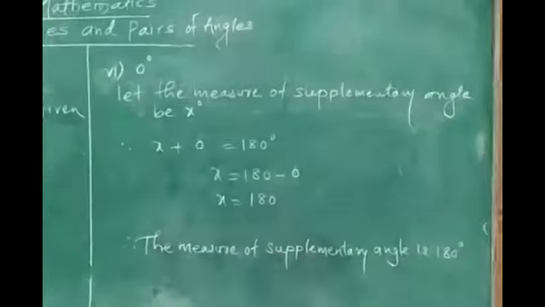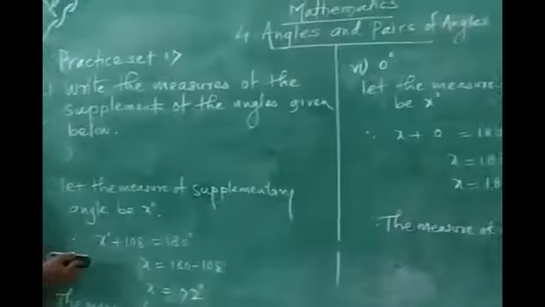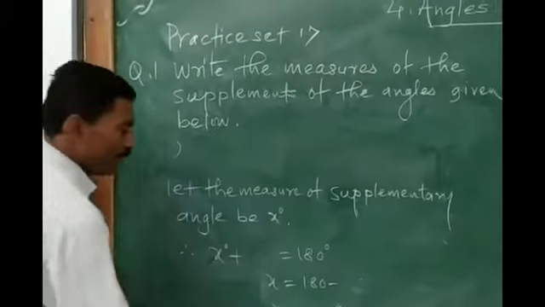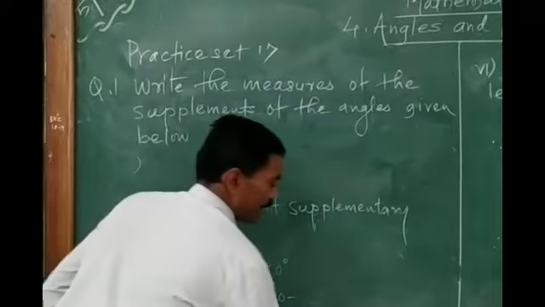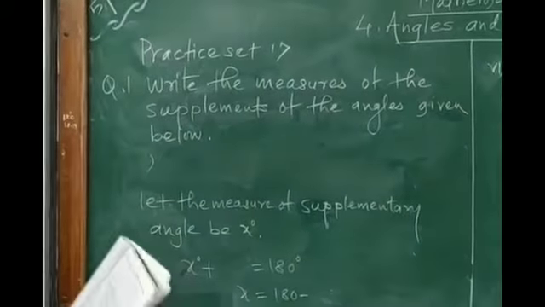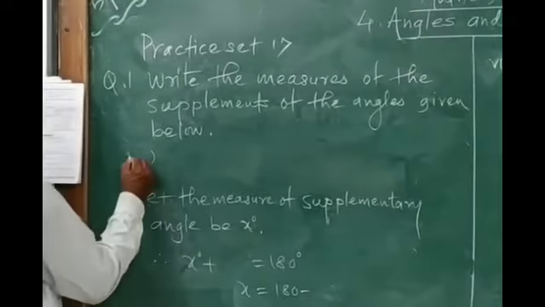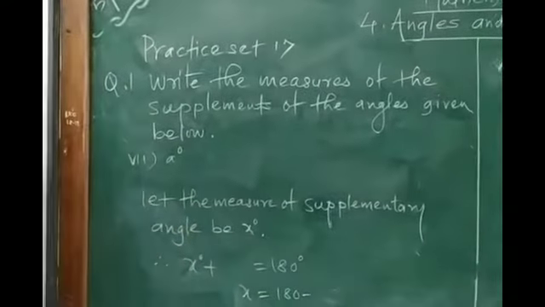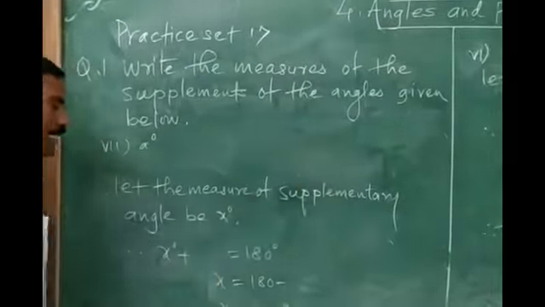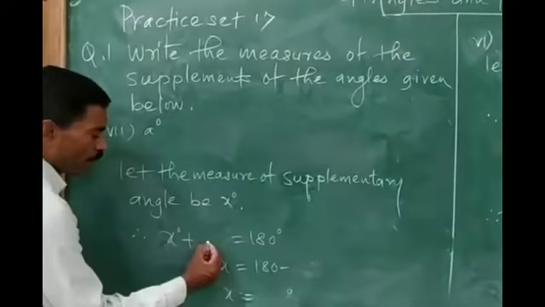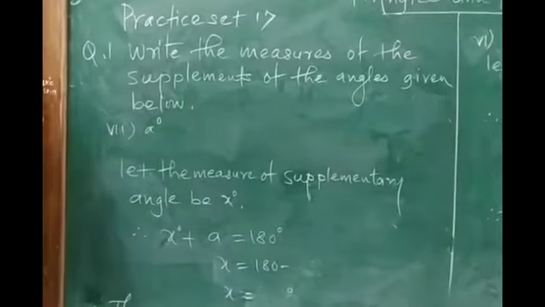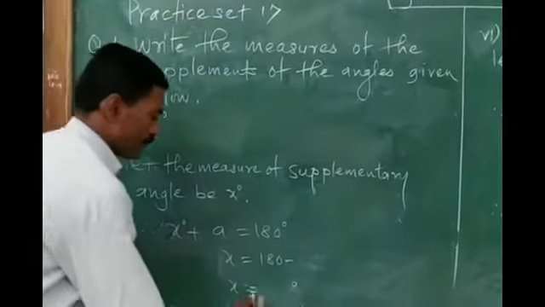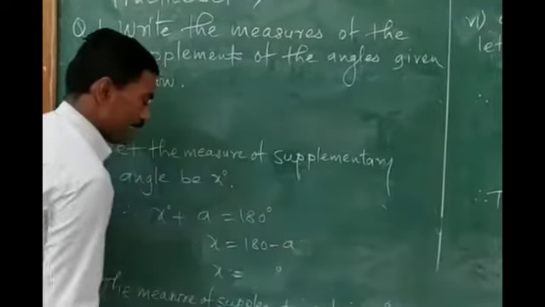And the last sub question of practice set 17, question second is a degree. Let the measure of supplementary angle be x. Therefore, x plus a is equal to 180, and x is equal to 180 minus a.